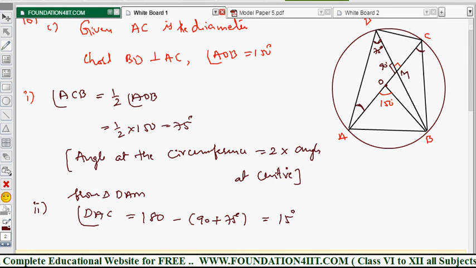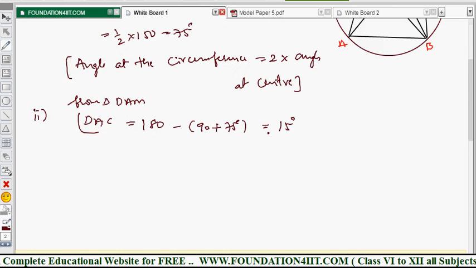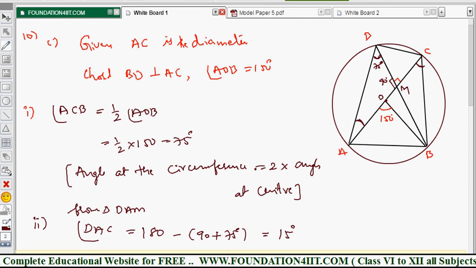Okay, DAC is 15. Now the same rule you can apply for the remaining angles also, that is angle DBC. DBC is equal to DAC, because of the same arc, so that is also 15 degrees. DC is subtending at DBC, and the same DC is subtending at DAC also.